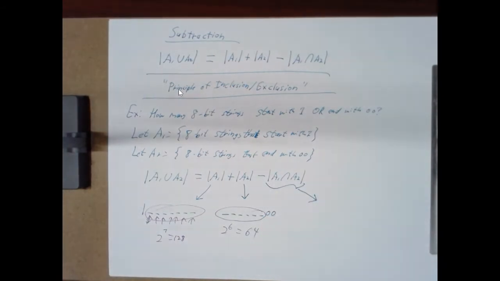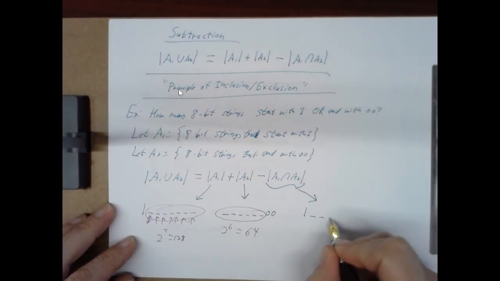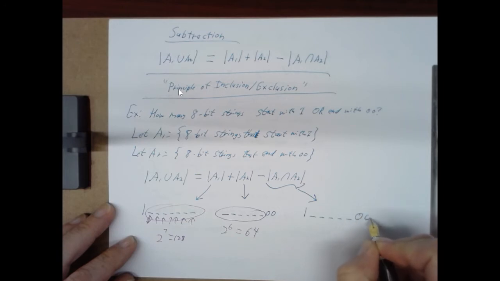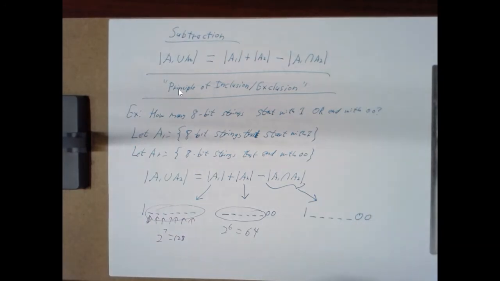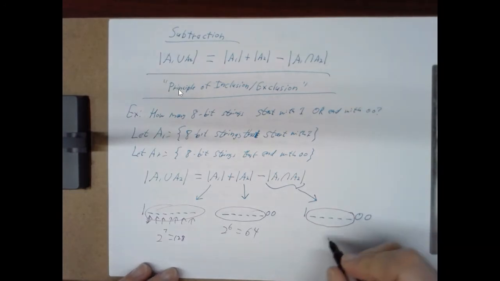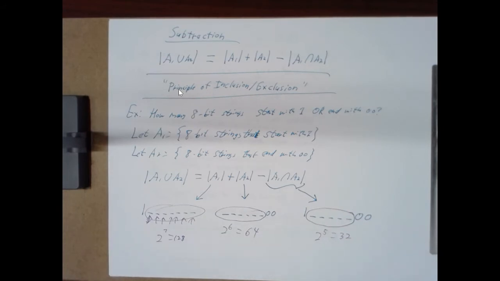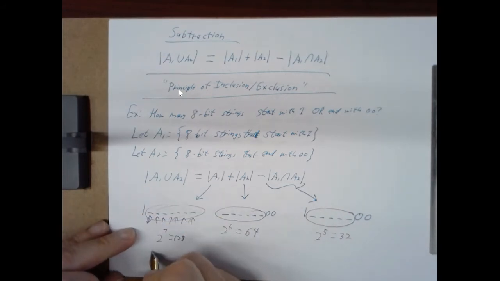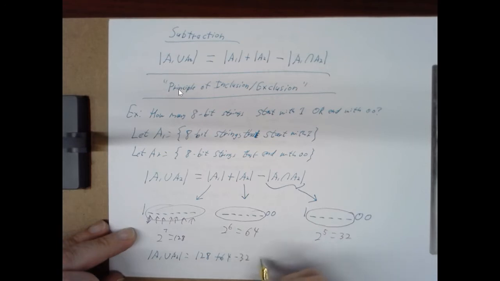So if something is in A1 and also in A2, it means it begins with a 1 and it ends with 2 zeros. So we have 5 blanks to fill in, and there's 2 to the 5th ways to do that. So the total number of things in the union is 128 plus 64 minus 32, which is 160.